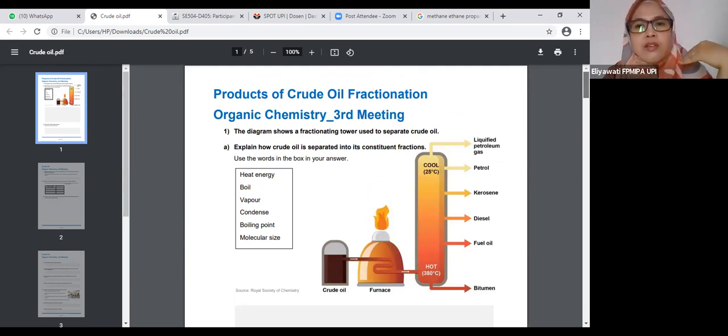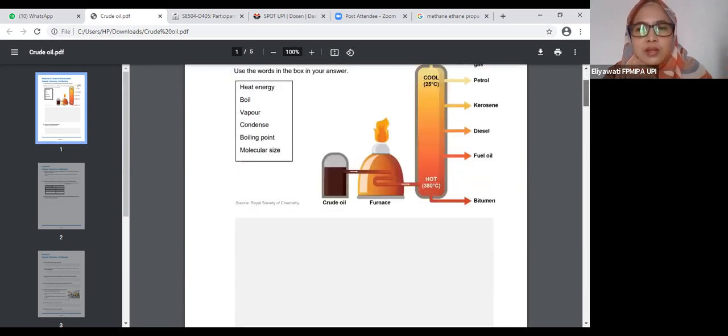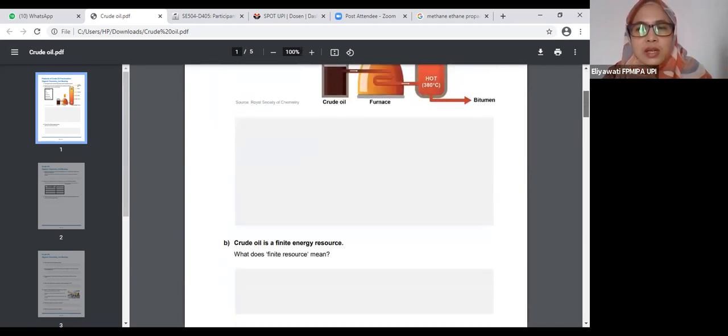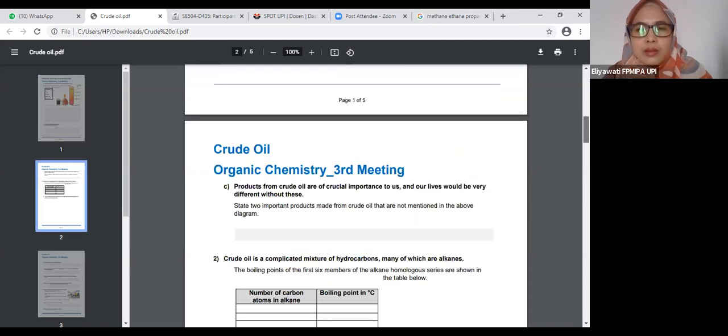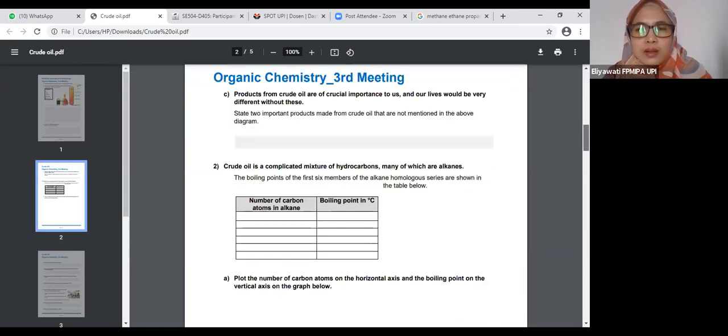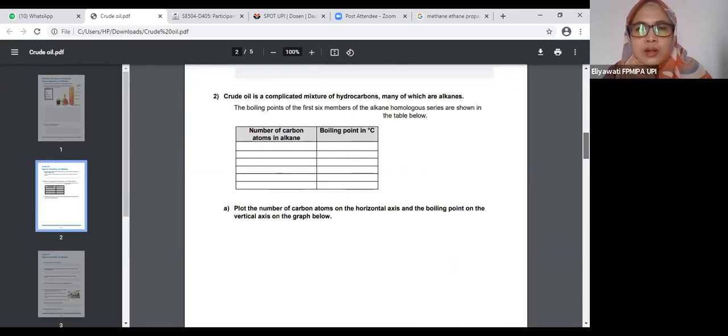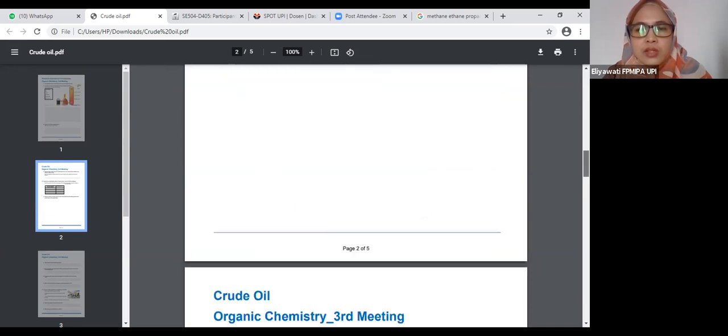You only fill this worksheet, you answer it, and whether the product of crude oil is included as alkane or hydrocarbon. So fill all the answers, yeah.